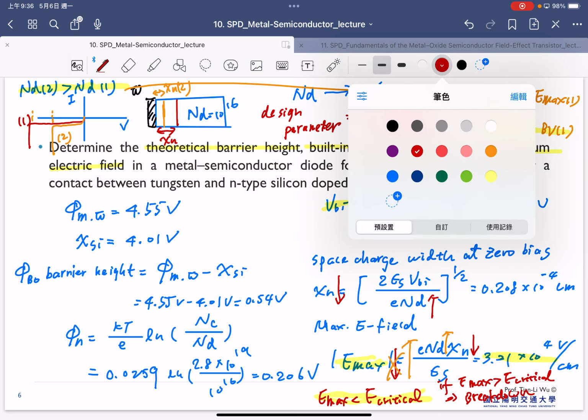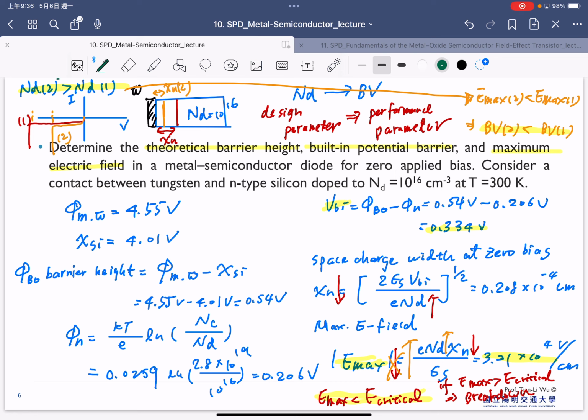Let's say the concentration is increased, and therefore the E max, the electric field in the Schottky semiconductor junction, should be increased as well, and this has a chance to be larger than E critical.